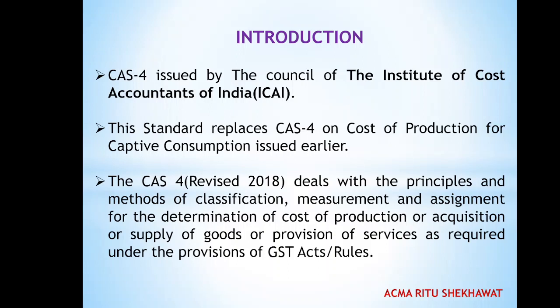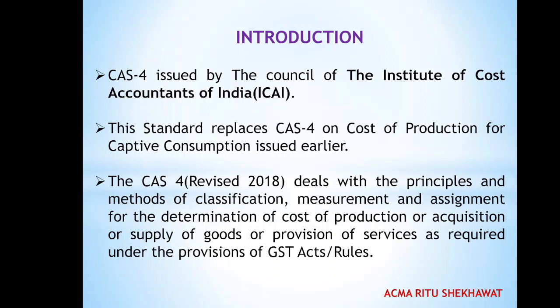Before going further, let us understand what captive consumption is. CAS 4 will give you an idea how to calculate the cost of production, where it can be used, and it can be used for both attestation and non-attestation purposes. For our knowledge, we should know what captive consumption is.